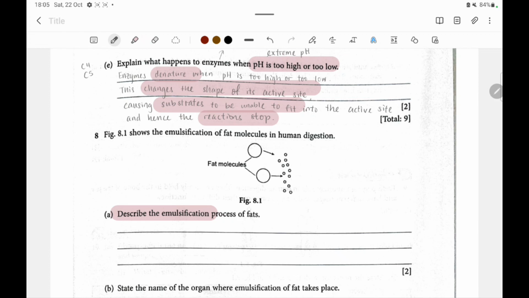So this one, what substance actually emulsifies it? It is actually bile. And then bile breaks up large fat molecules into smaller droplets.